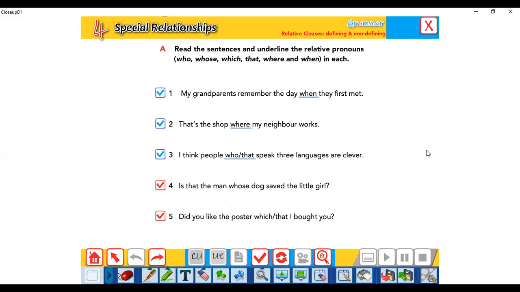And we have Ru'a Muhammad. Whose? Whose? Okay, Ihab, you can answer the last one. Did you like the poster which that I put you? Ihab?